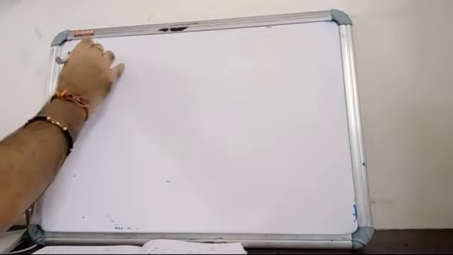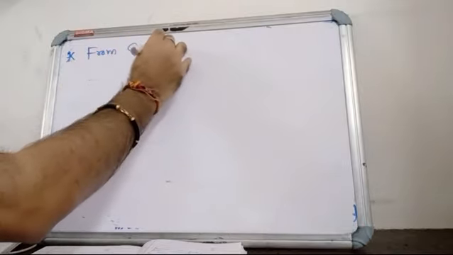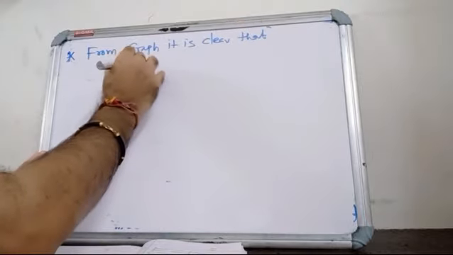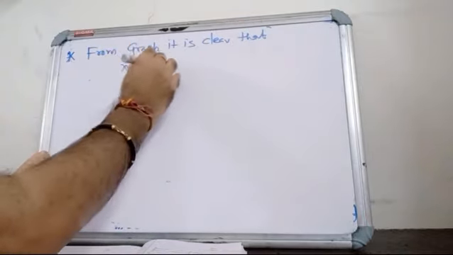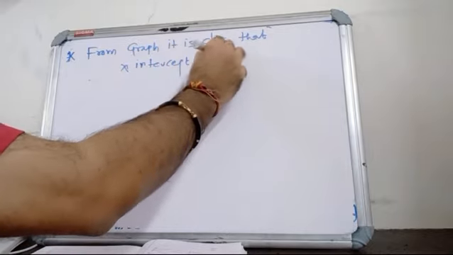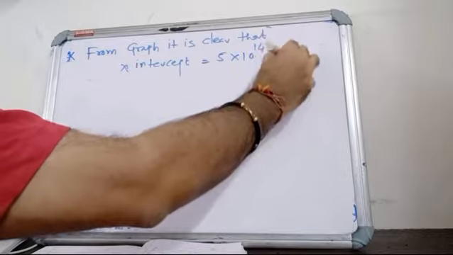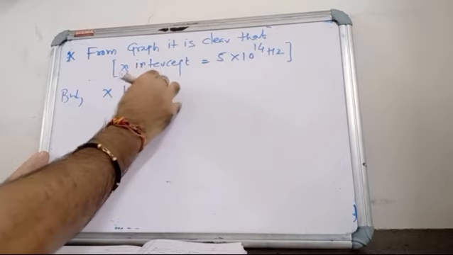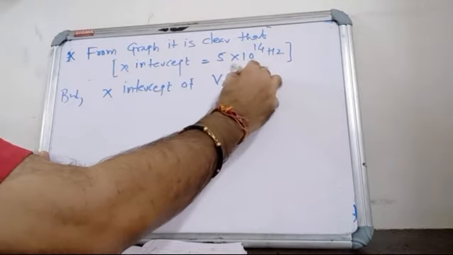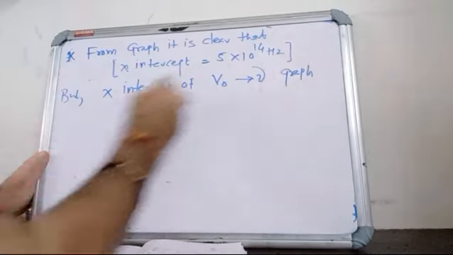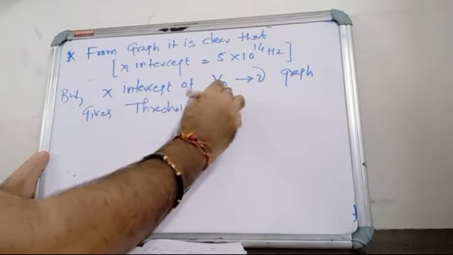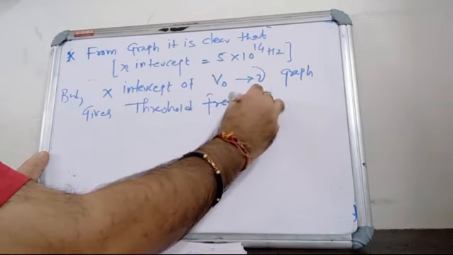So let's write, from the graph it is clear that the x-intercept is equal to 5 into 10 raised to 14 hertz. But the x-intercept of the stopping potential versus frequency graph gives the threshold frequency, right?